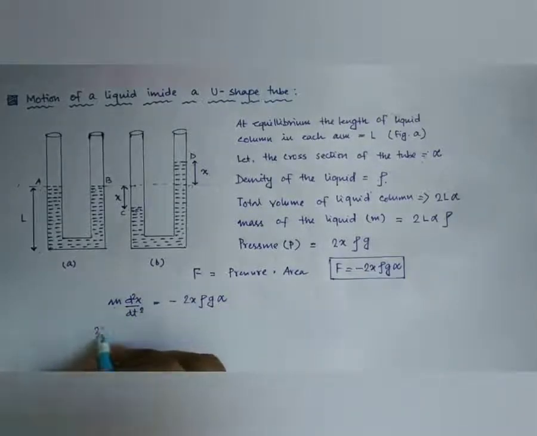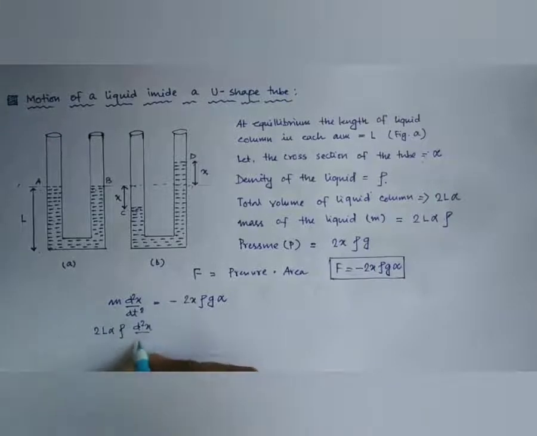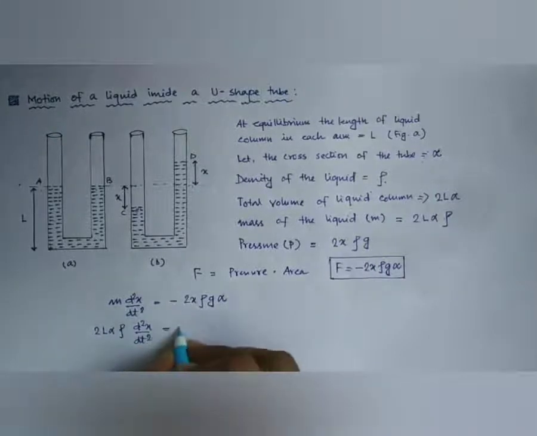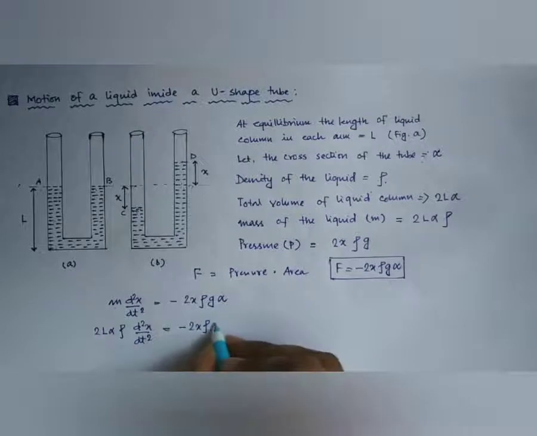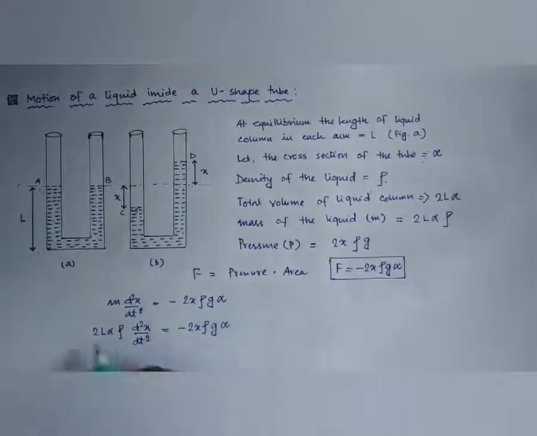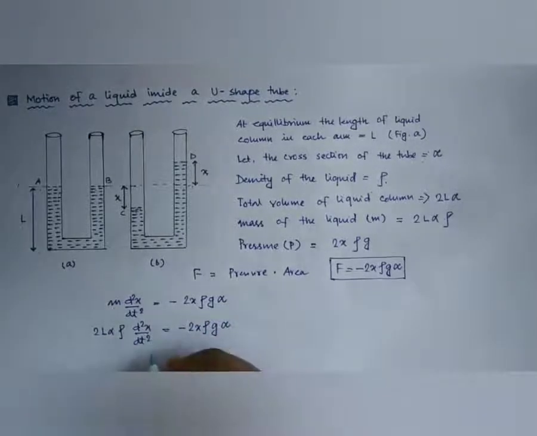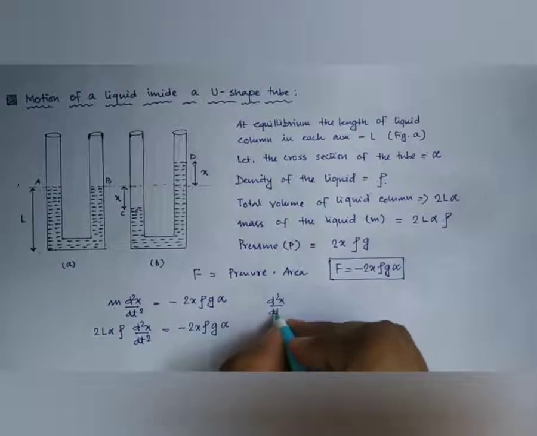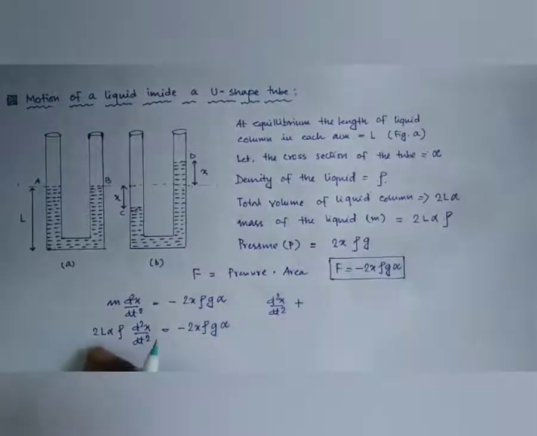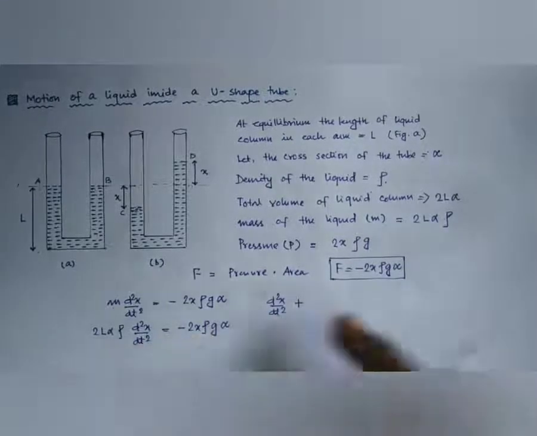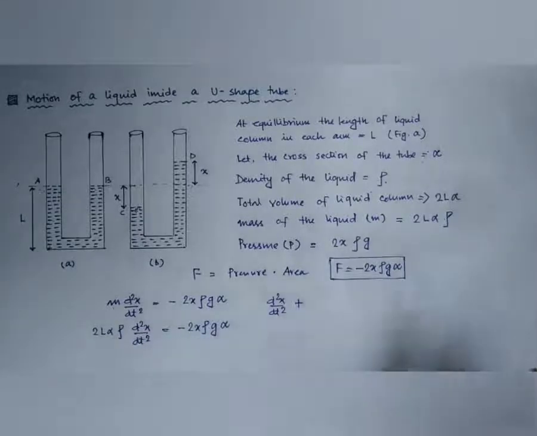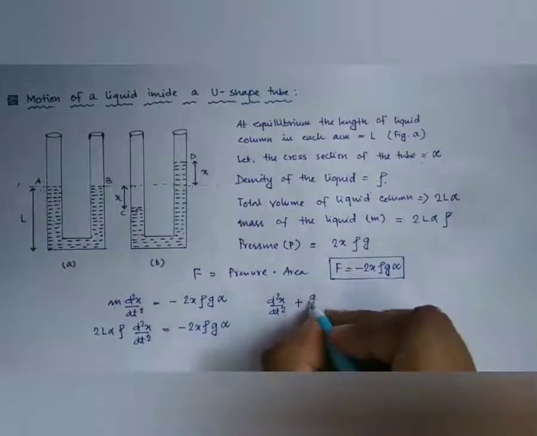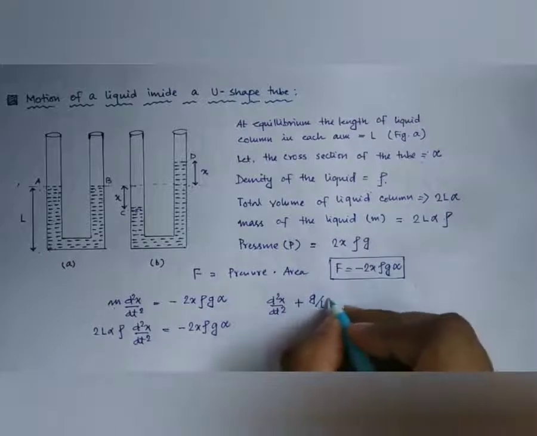So mass 2L alpha rho d2x/dt2 is equal to minus 2x rho g into alpha. So by all cancellation here we have d2x/dt2 plus, 2 cancels out, rho cancels out, alpha cancels out, it is g by L into x.